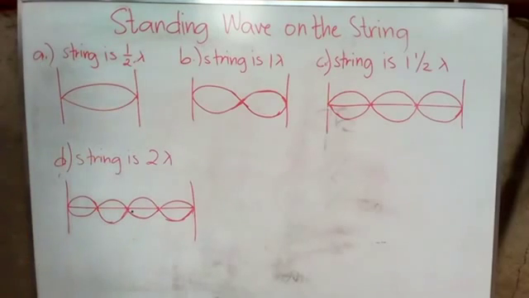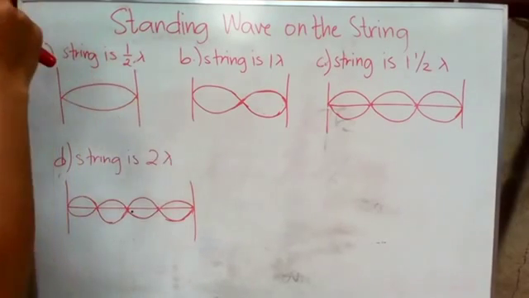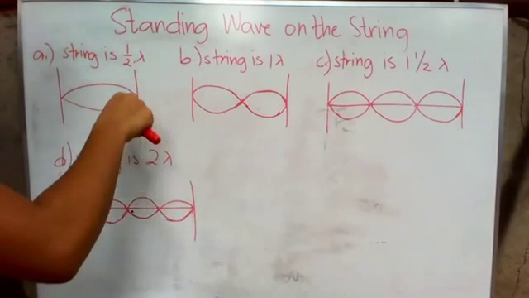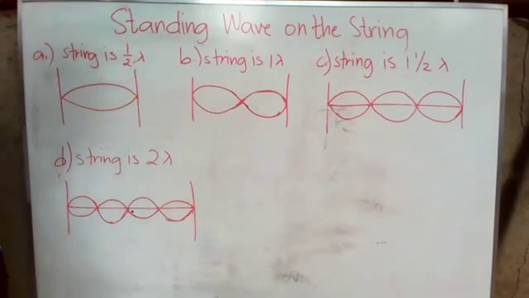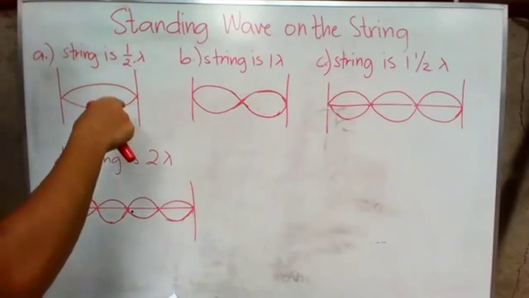Figures A to D show that the string is fixed at the left end, then its right end is moved up and down in simple harmonic motion to produce a wave that travels to the left.